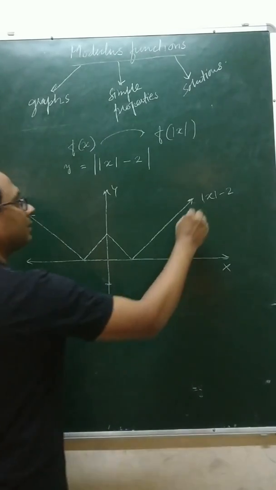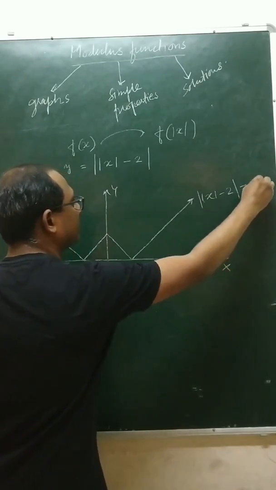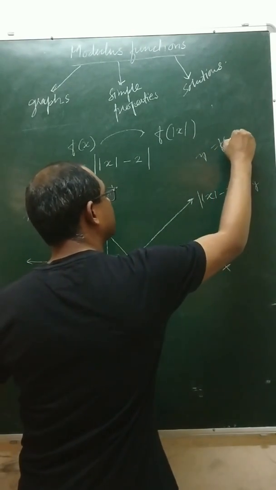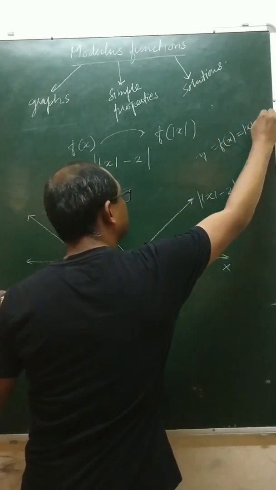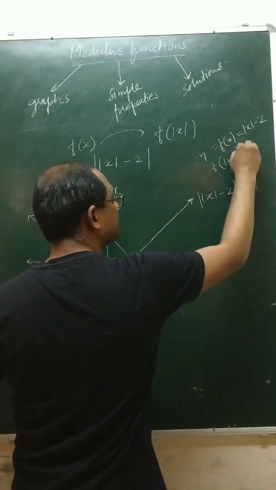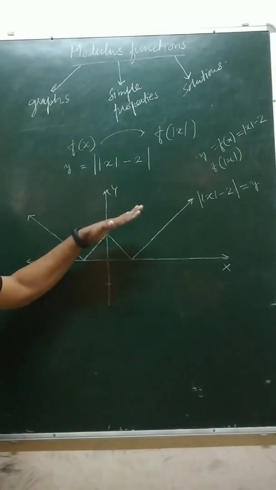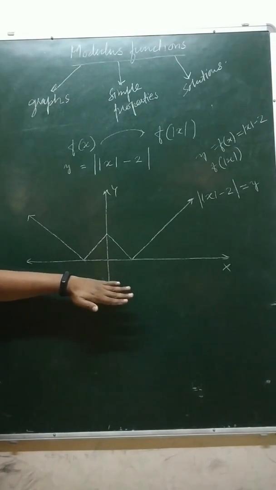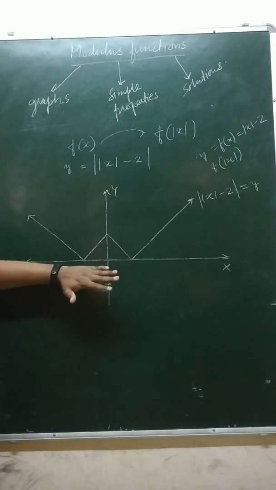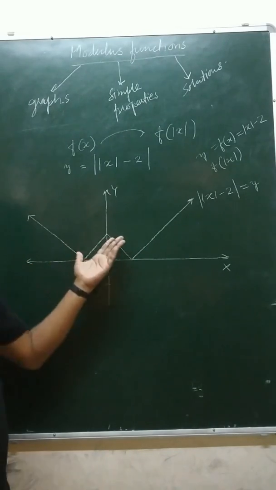So this one will now be y equal to modulus of x minus 2. So this is the transformation. If y equal to f(x) was x minus 2, then we have transformed it by taking the reflection of the portion of the graph which is lying below the x-axis, taking the image of that curve on the x-axis.